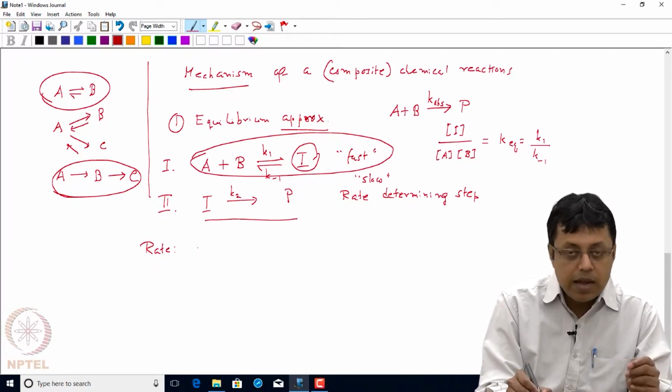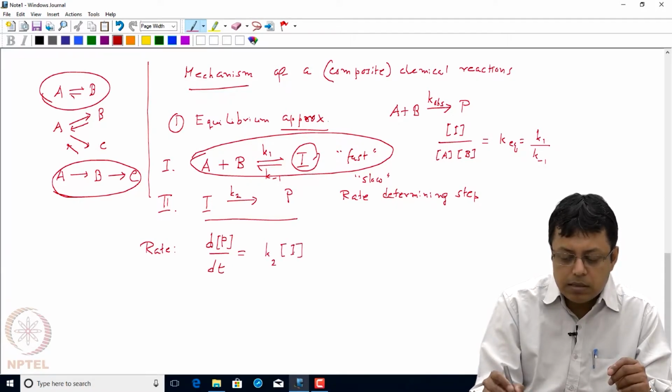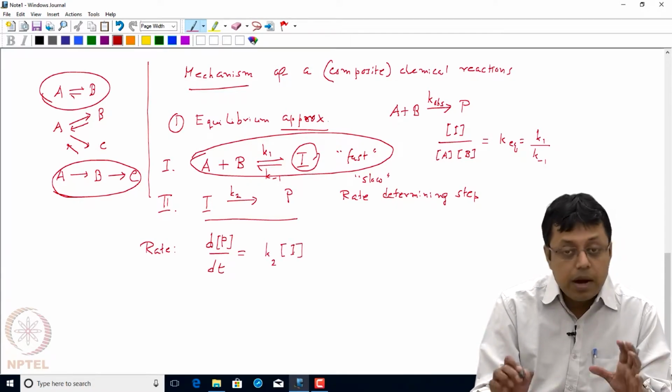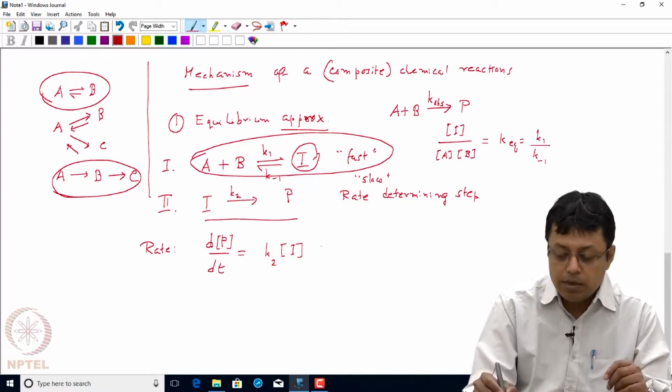In that case, I can write the overall rate of the reaction is the rate of the product formation, which is in this case dP/dt. Since these are all elementary steps, I can directly write it from the stoichiometry. I'm writing it using the stoichiometry of the second equation because it is an elementary reaction.